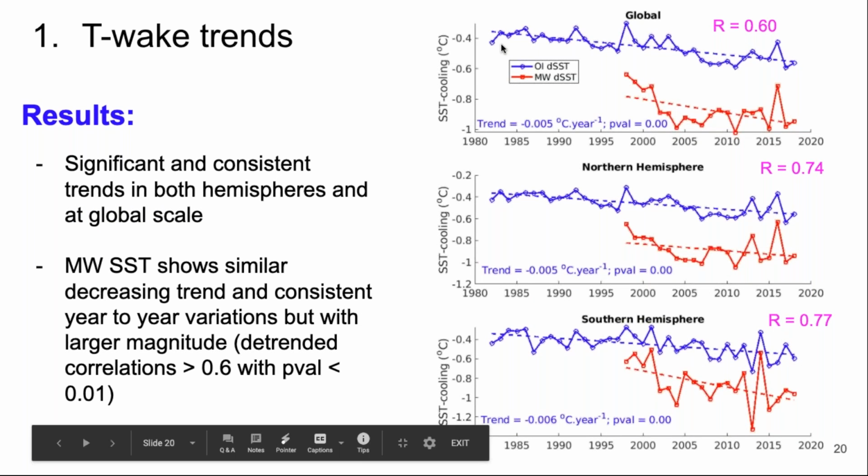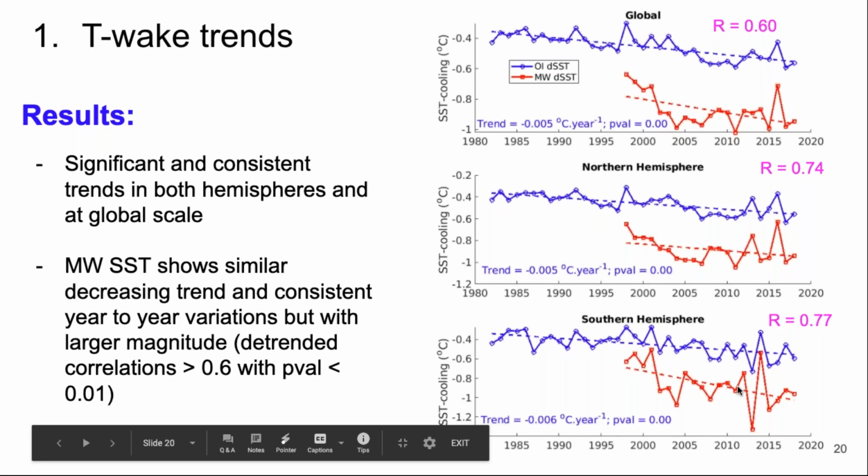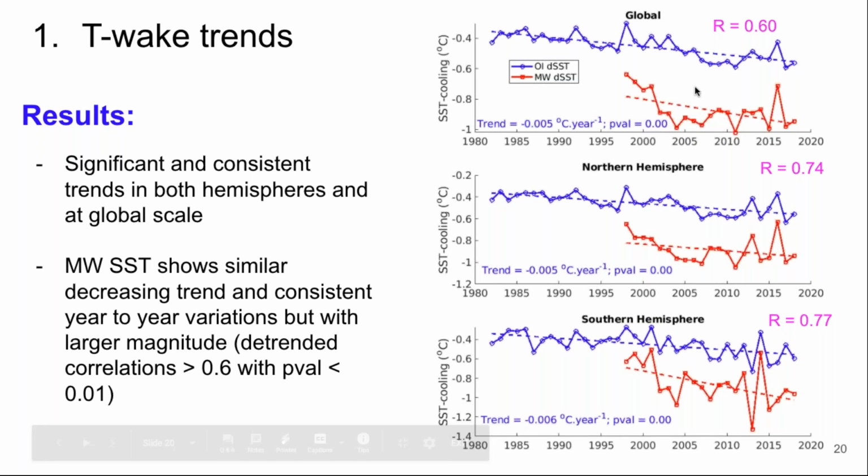This is the trend of OISST, the blue line, and microwave SST, the red line, for global, for the Northern Hemisphere, and for the Southern Hemisphere. First we can see that there is a highly significant trend in both hemispheres and at global scale. We can also see that microwave SST also shows a decreasing trend in SST cooling, consistent with OISST, but with much stronger magnitude.